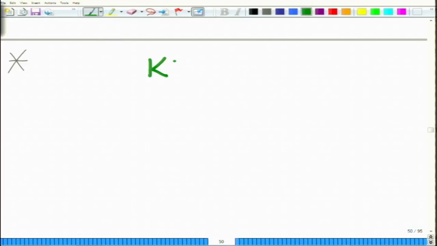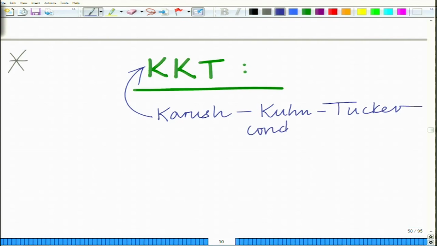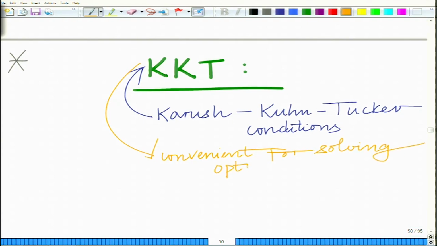What we want to start looking at is an important aspect of optimization, also termed the KKT conditions, which is short for the Karush-Kuhn-Tucker conditions, and these are convenient for solving an optimization problem.